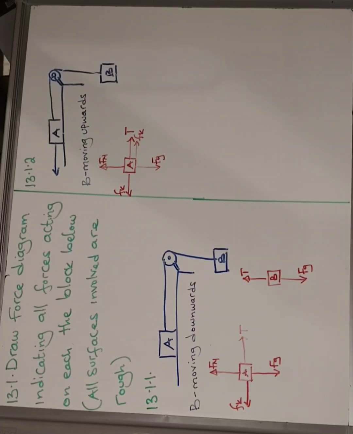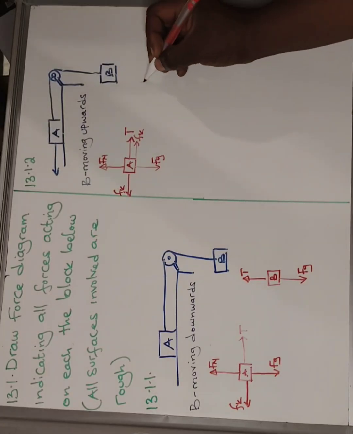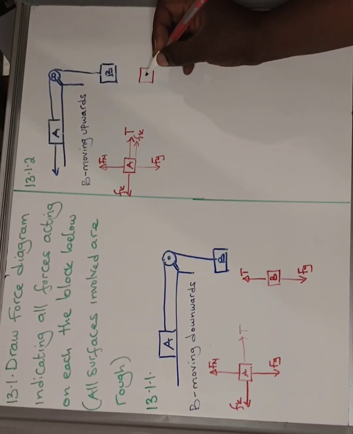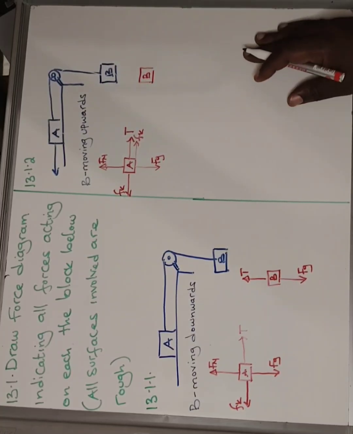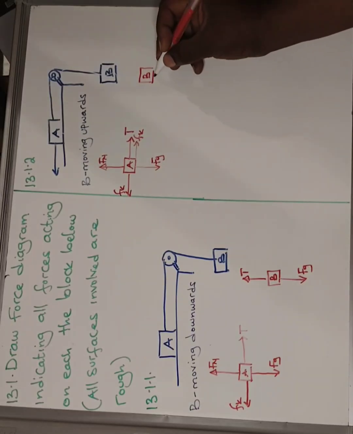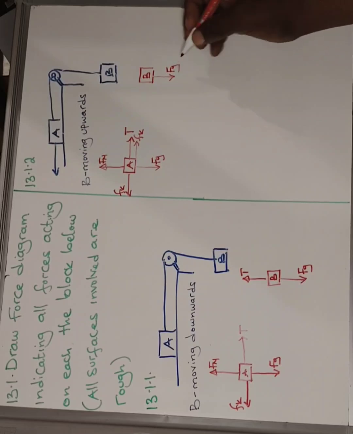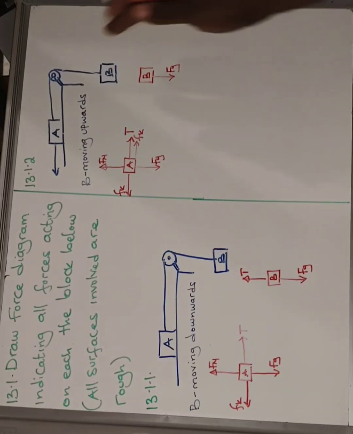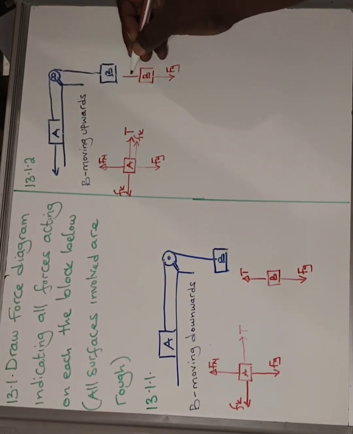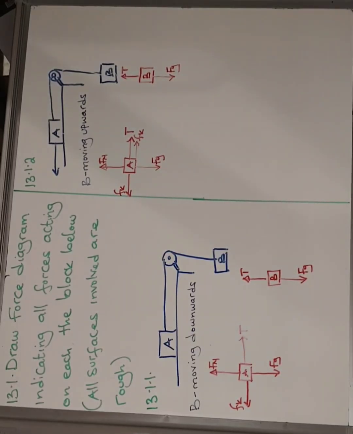So that is the force diagram indicating all the forces on A. Let us go to our B. What do we know about our B? There is our traditional Fg acting vertically downwards. And the string comes with what? With the tension. So that is that.